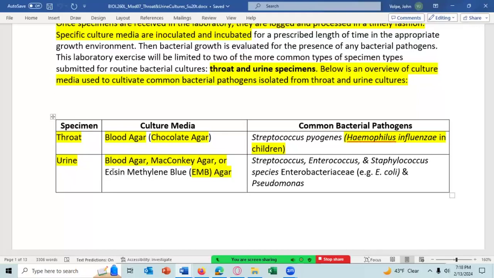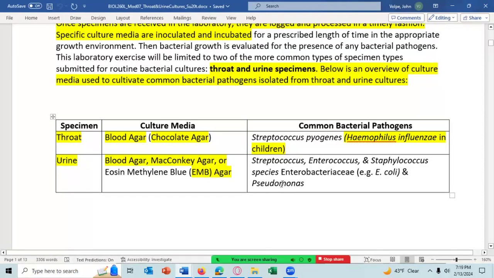We also grow from that same patient the culture on either MacConkey's agar or EMB agar. MacConkey's agar and EMB agar only grow gram negatives, but the most common pathogens found in urine cultures are gram negatives.